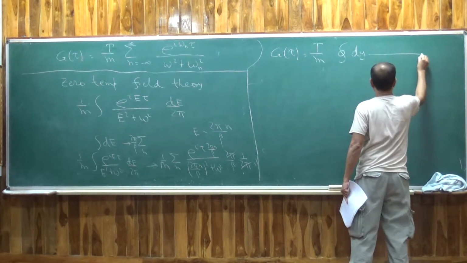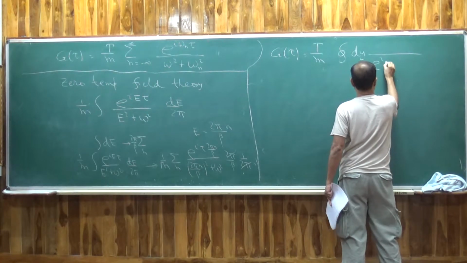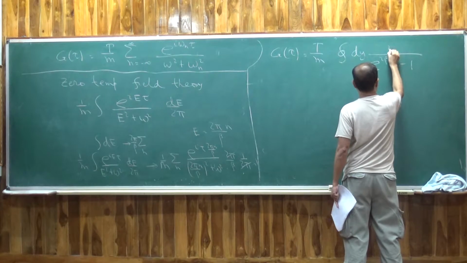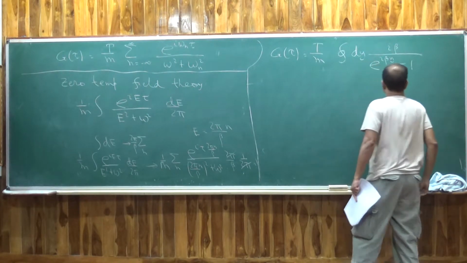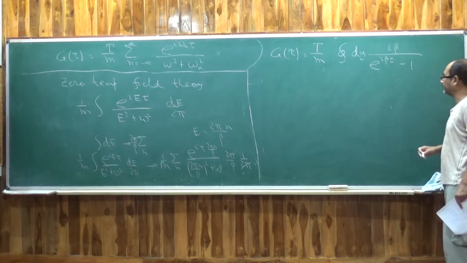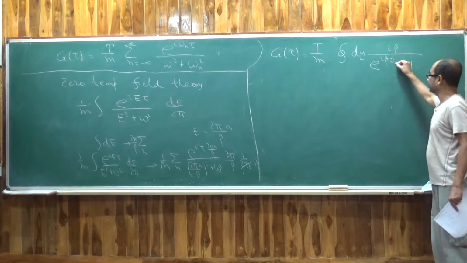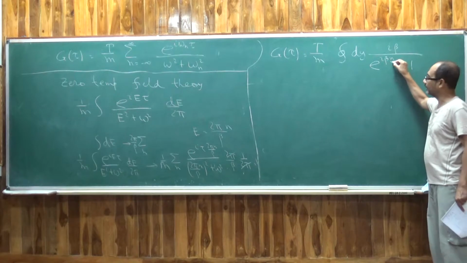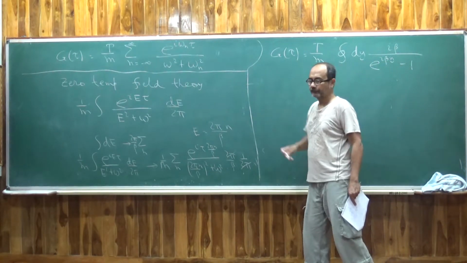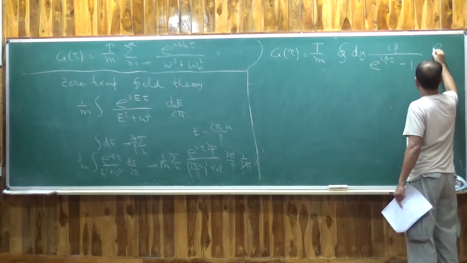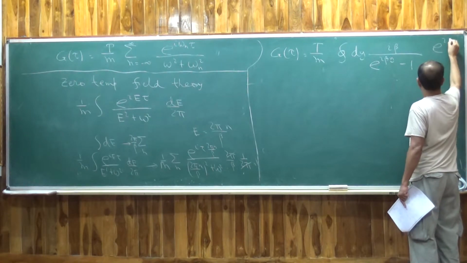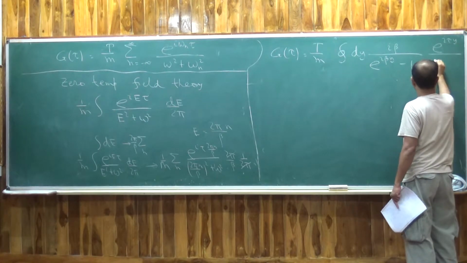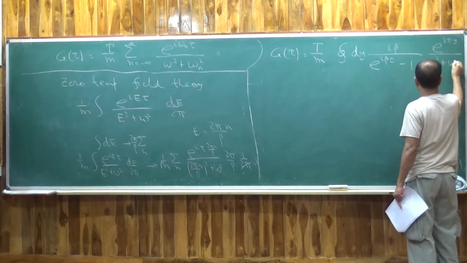So I write e to the power i beta y minus 1, and in order that the residue is 1, I put i beta. You see that this has poles exactly at y equal to 2 pi n by beta. Those are exactly the omega_n's. And then we write e to the i tau y over y square plus omega square.